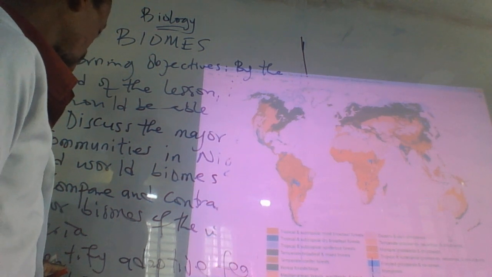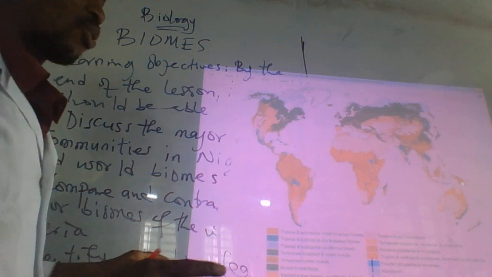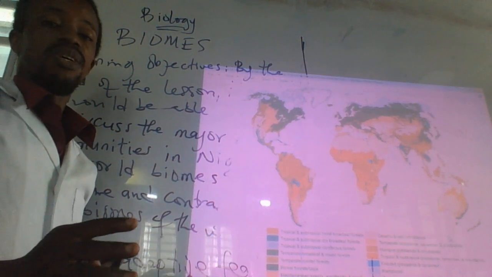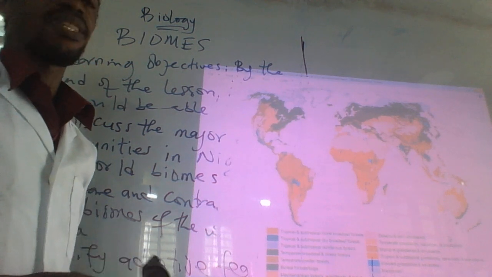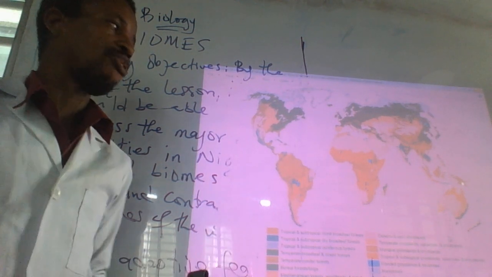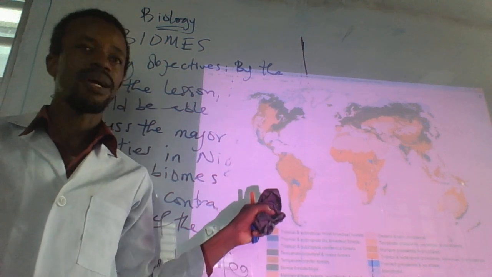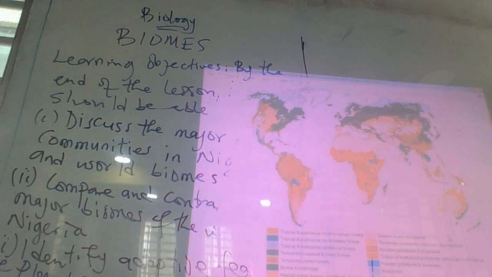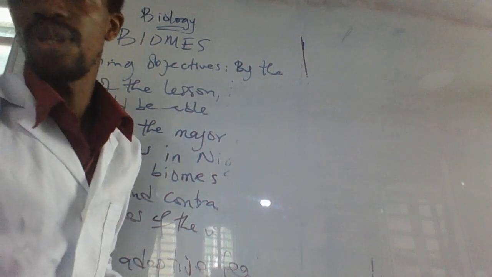As I said, the plants you have in this environment are quite different based on the kind of environment that you find yourself. I've given the explanation earlier about the characteristics of the plants that you find in this kind of forest.